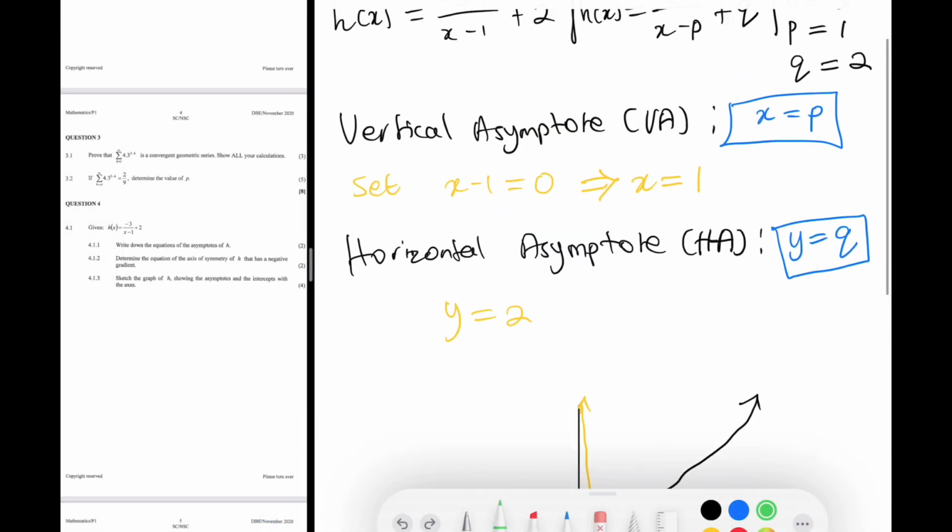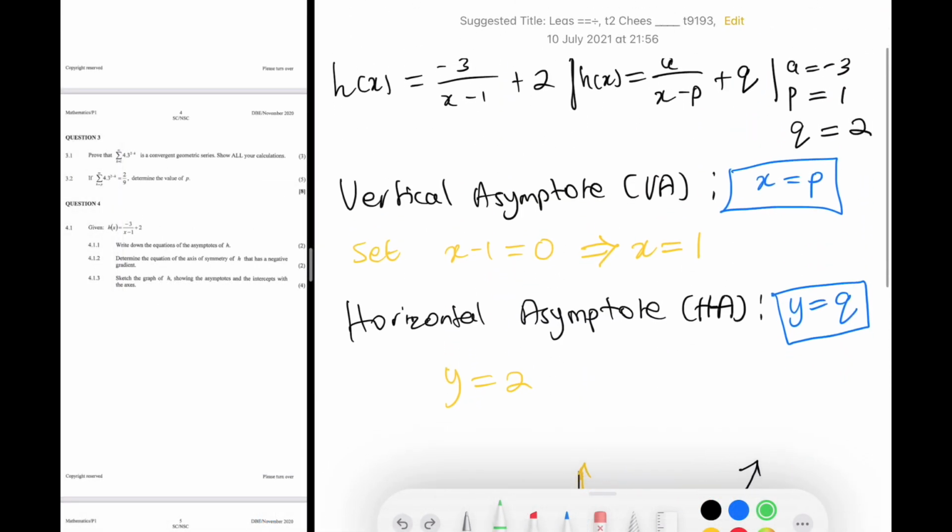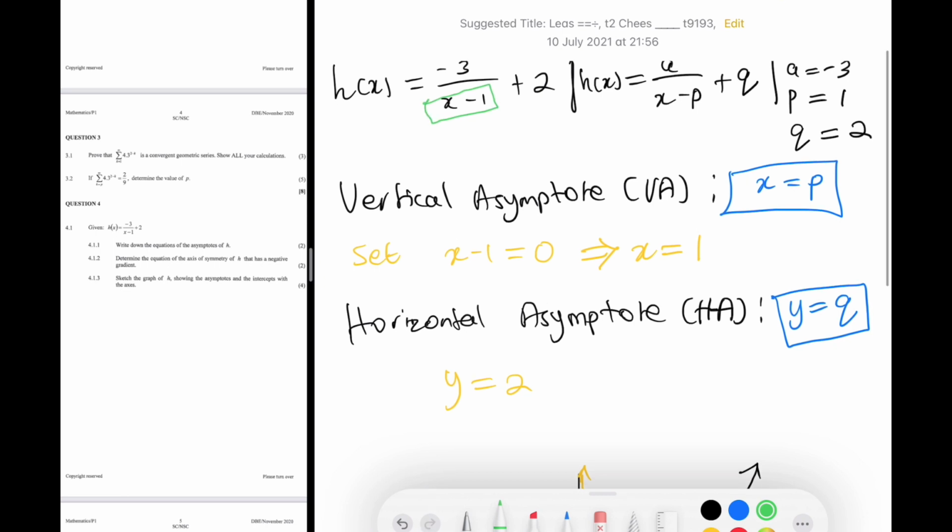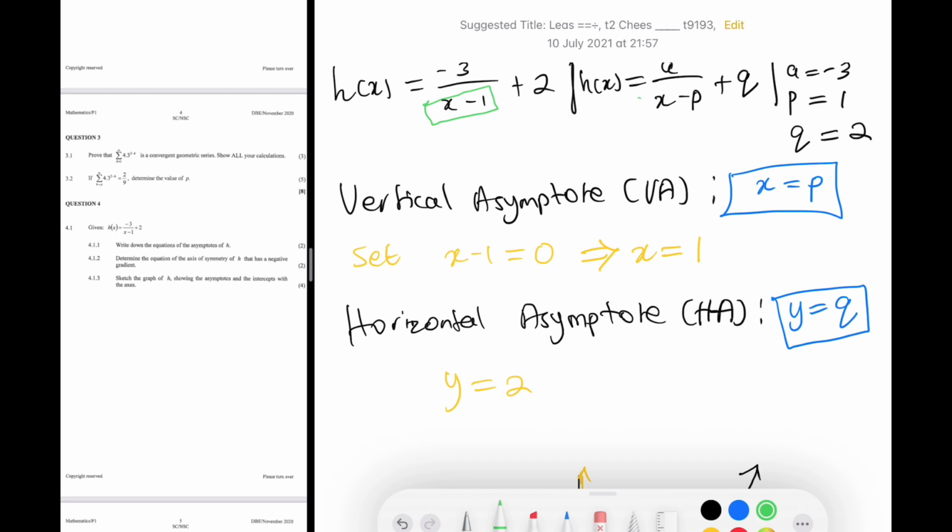One last thing I wanted to explain. Do you notice that this is x minus 1? It's of this form, x minus p, and that's what we want. But suppose this was x plus 1. Do you notice that you now have a plus?